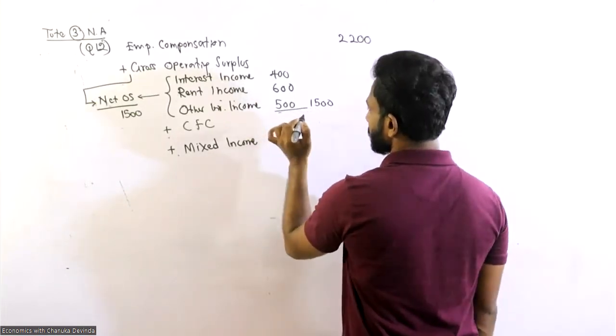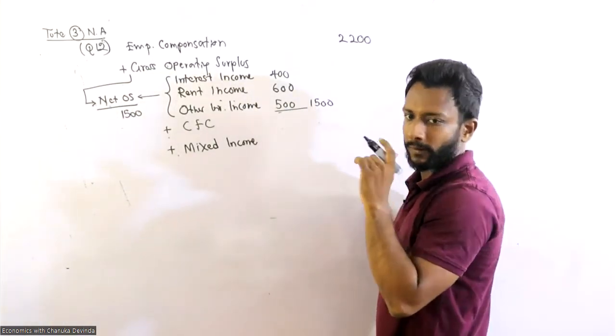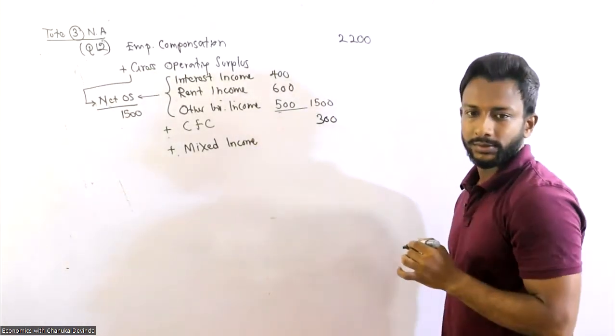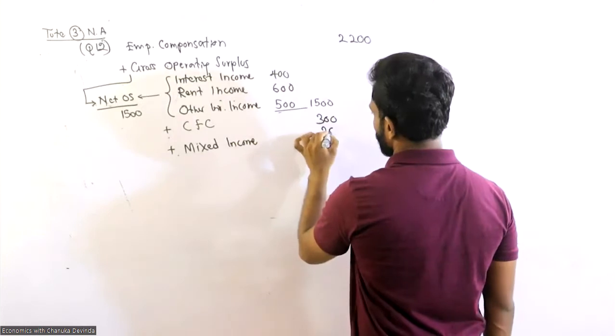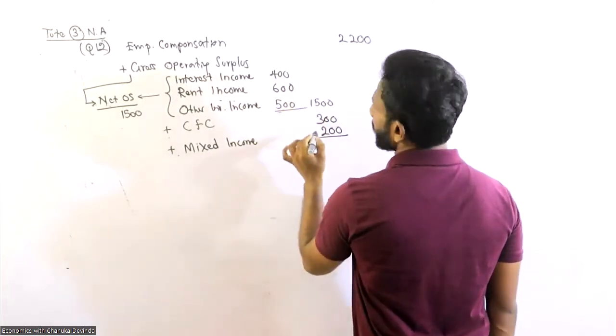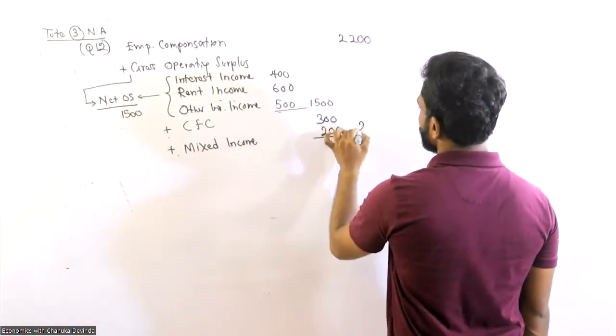CFC was 300. Mixed income was 200. So here 500. Now gross operating surplus value is 2,000.